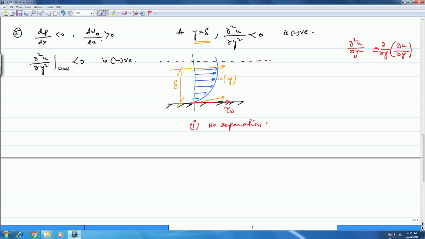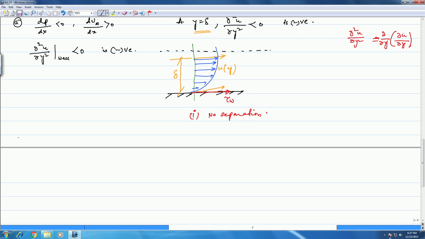So going to the next one. We started with dp/dx being negative. Now we're saying dp/dx is equal to 0. What we have seen in the previous module is that dp/dx being negative or positive is basically affected by the shape of your body.